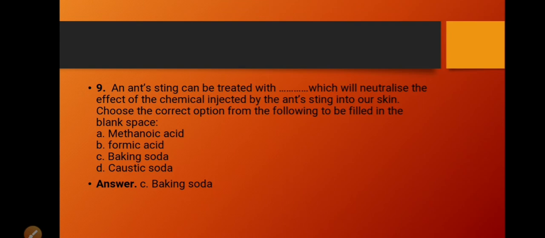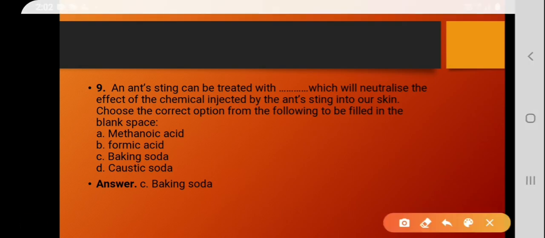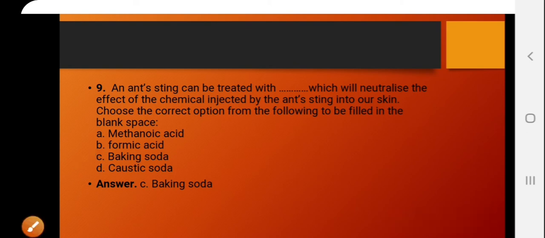As I discussed in the last video, when an ant stings your skin, we apply baking soda. Baking soda neutralizes the effect on your skin and it is not harmful. So the answer is C, baking soda.